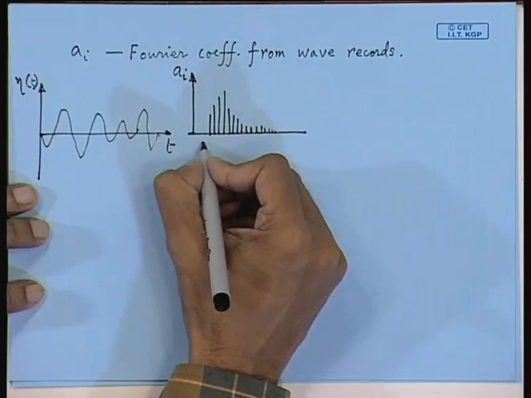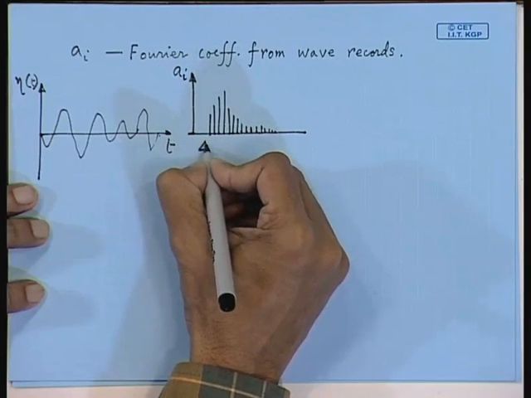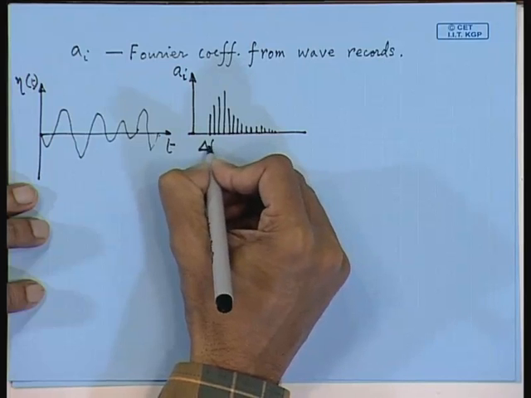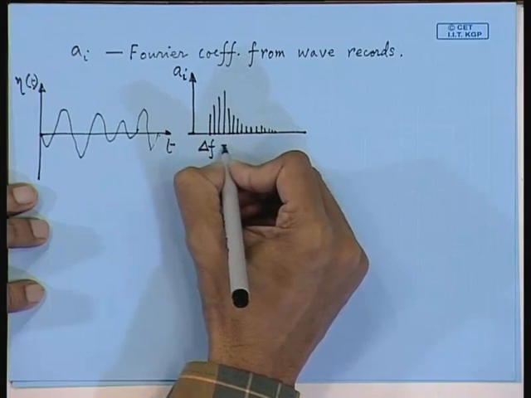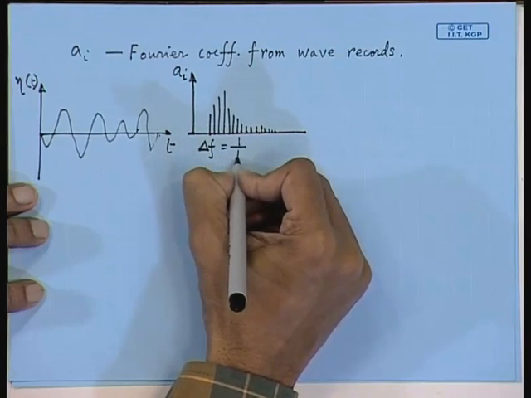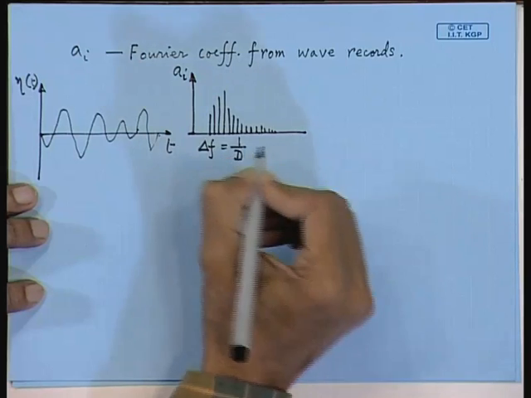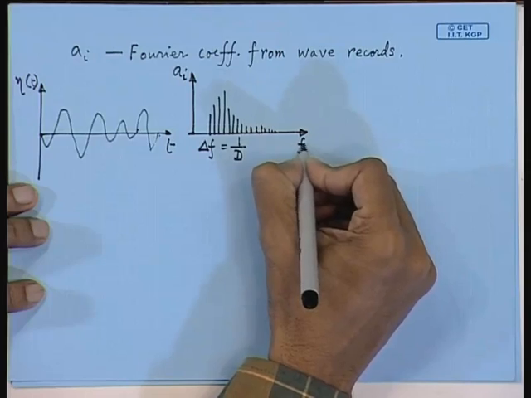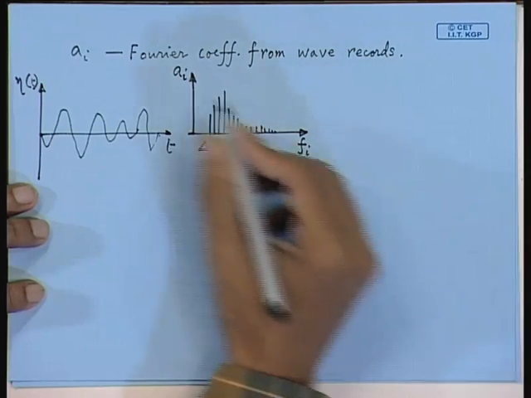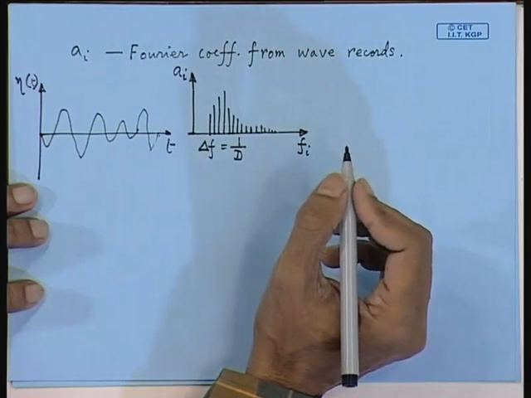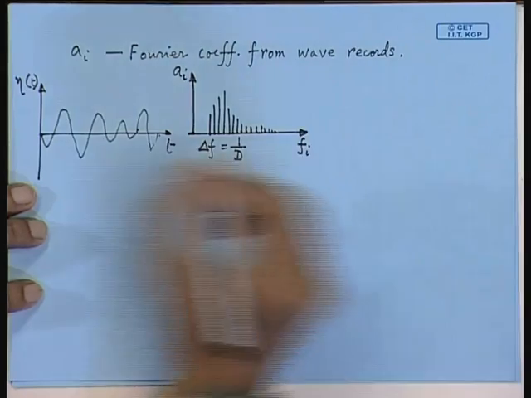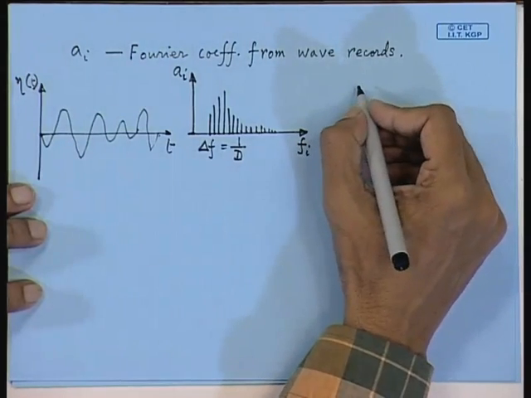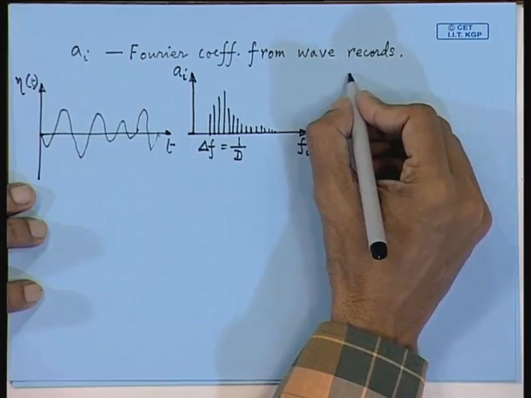So, these are your frequencies, or rather the frequency interval. So, this is 1 by d. The horizontal axis will be frequency Fi. ai is your amplitude. Now, from this you will get this distribution, and you will also get a phase distribution.